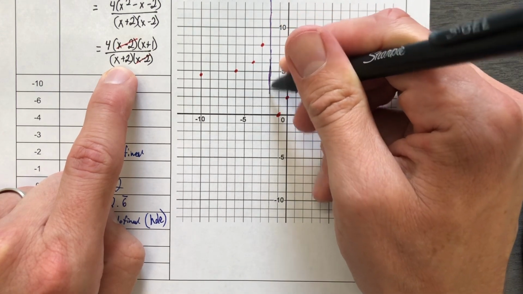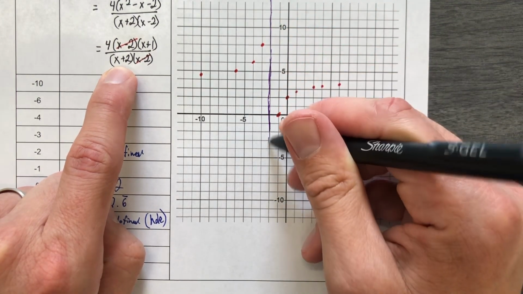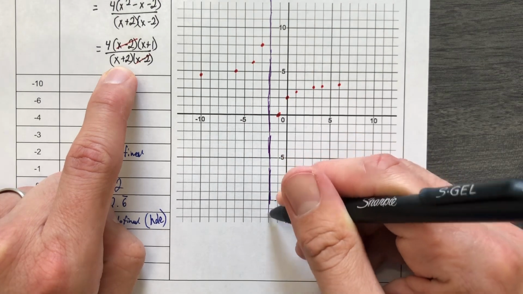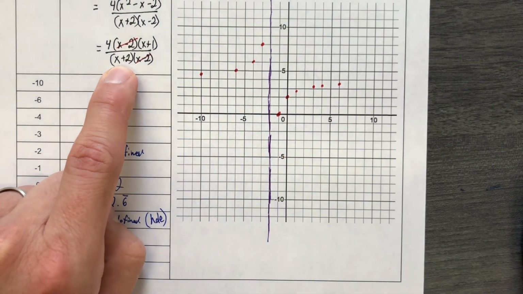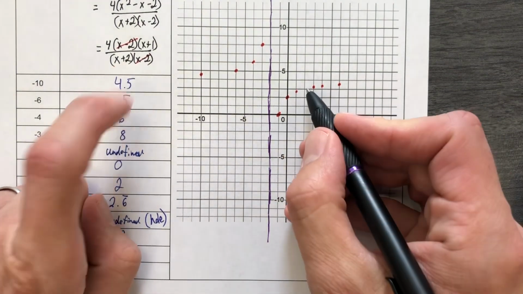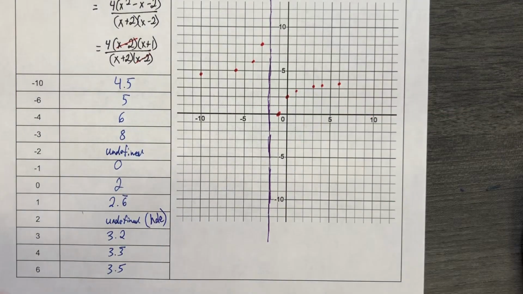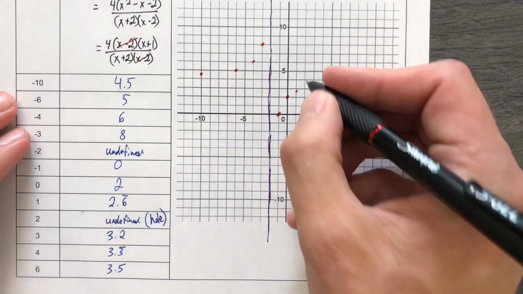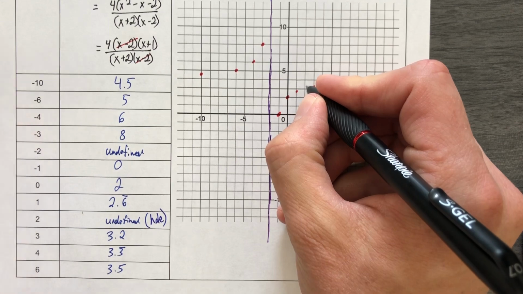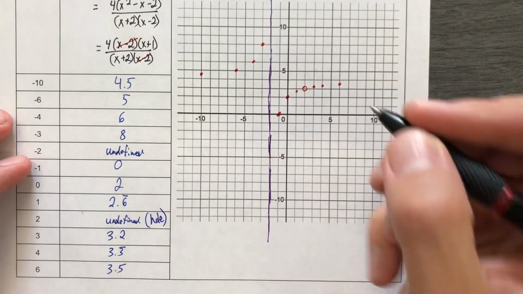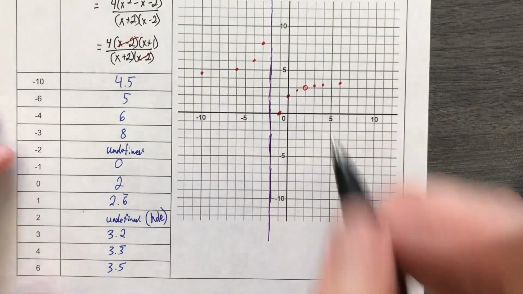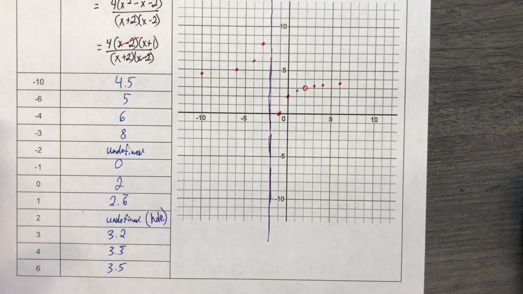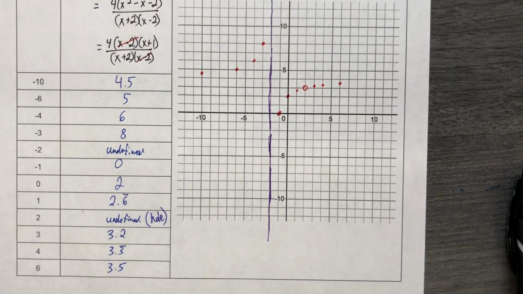This purple is not part of this graph. You will never cross that line. So, hole here somewhere. Let's guesstimate the hole, and we're going to get more specific with that later. But the hole is here-ish. Maybe it's at 2, 3, and actually, let's see. I think it is. It is. Okay, the hole is at 2, 3. We're going to get into the specifics of how to find it later.